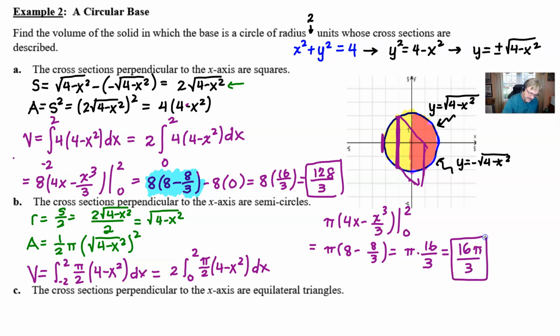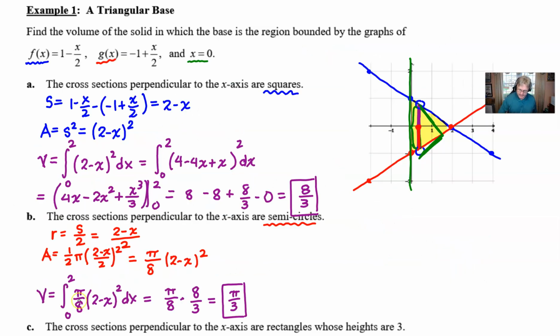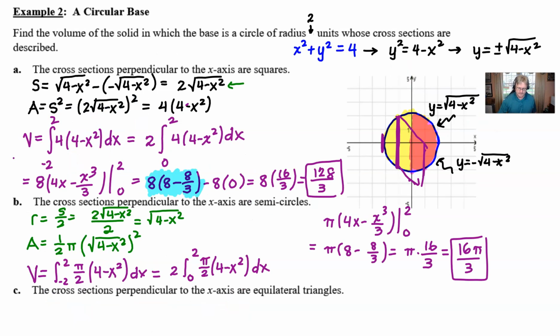But wait a minute, time out. Wasn't our answer supposed to be pi over 8 times our previous answer for squares? We'll check it out. What is pi over 8 times 128 thirds? Well, let me help you out because the 8 goes into 12 one time.